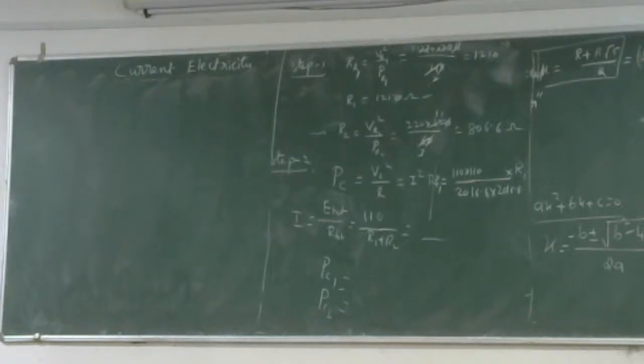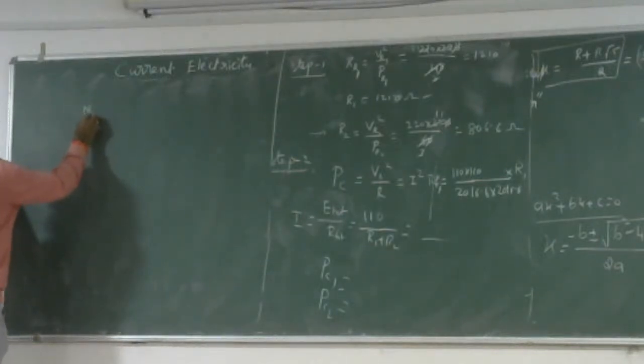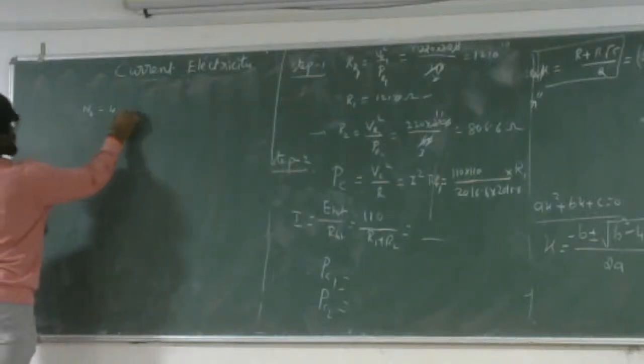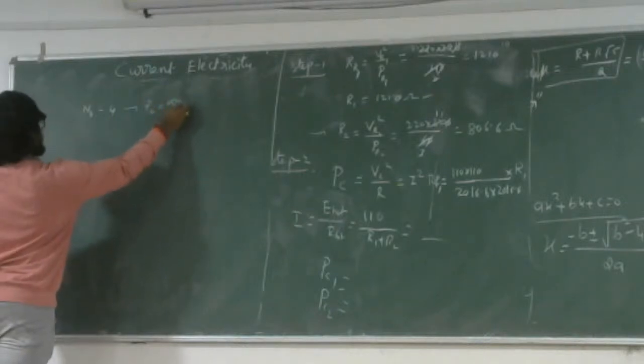See here, the question is given: in a house there are 4 bulbs, each of 50 watts. So the number of bulbs is equal to 4, and the power of each bulb is 50 watts.